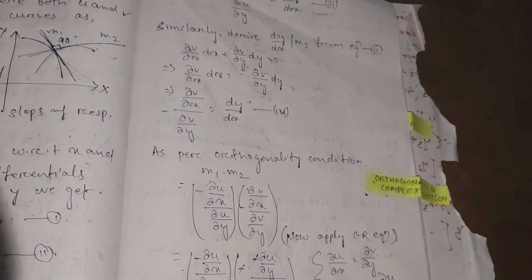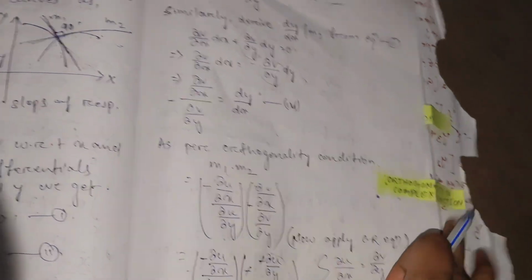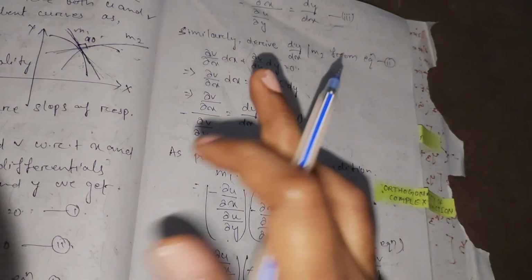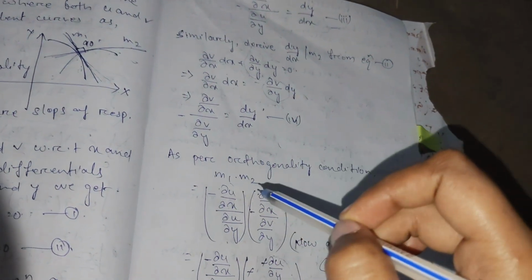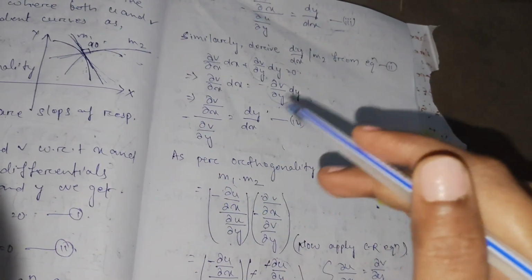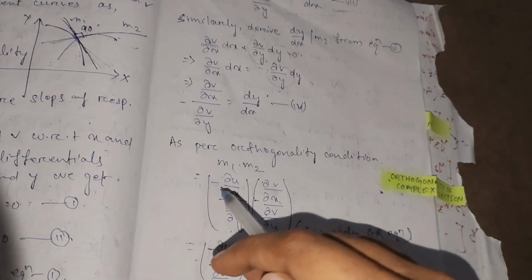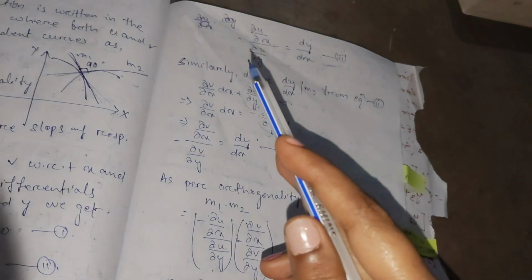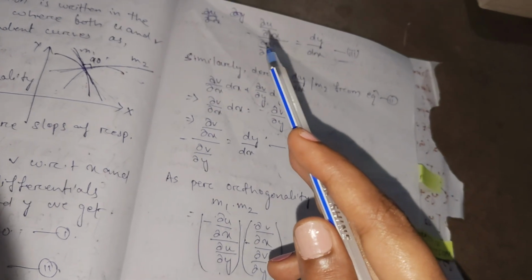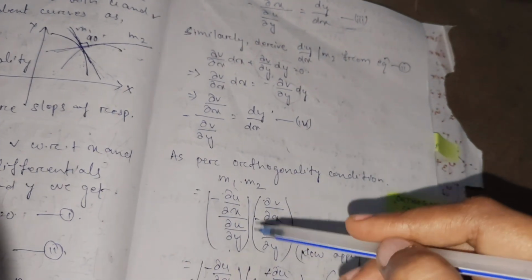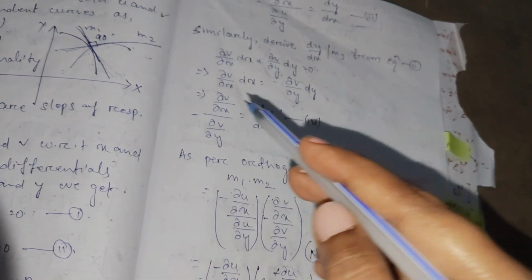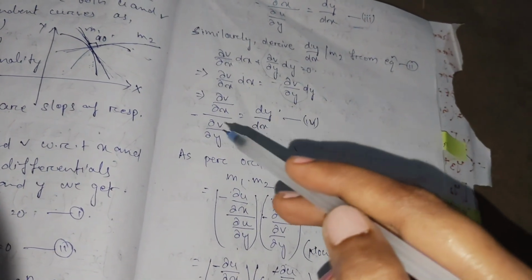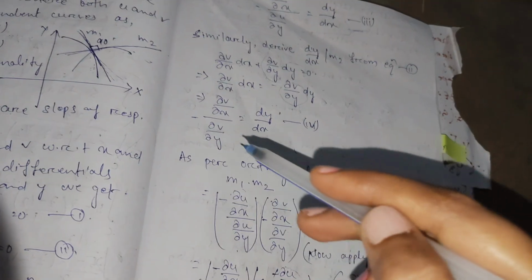As per the orthogonality condition, we have m1 multiplied by m2. Now write the values of m1 and m2, that is dy by dx for curve u and dy by dx for curve v, and multiply them. So I have m1, that is minus of del u by del x divided by del u by del y, multiplied by the slope of v, that is minus of del v by del x divided by del v by del y.